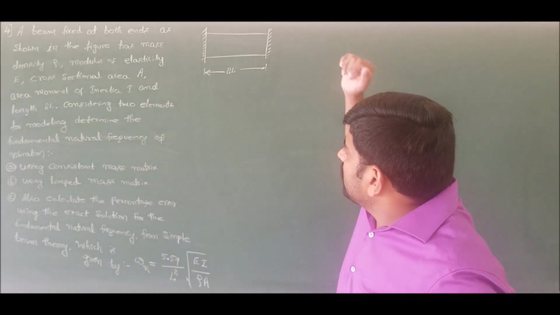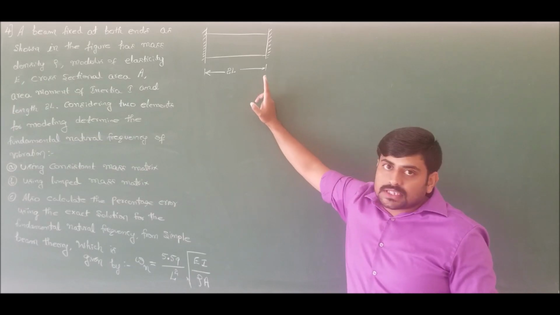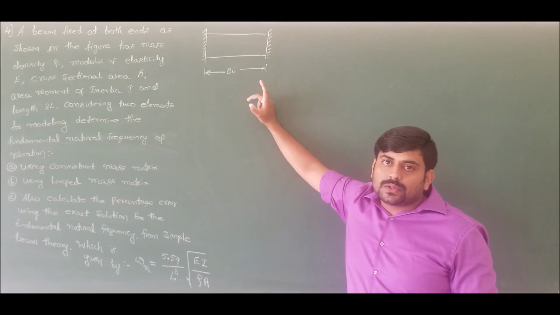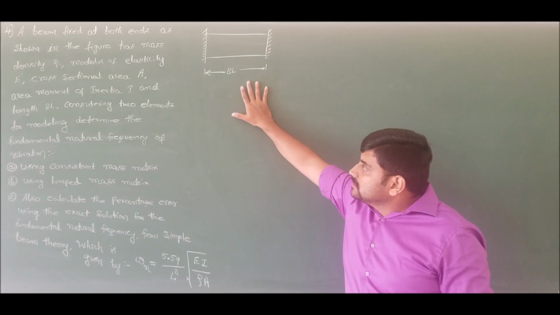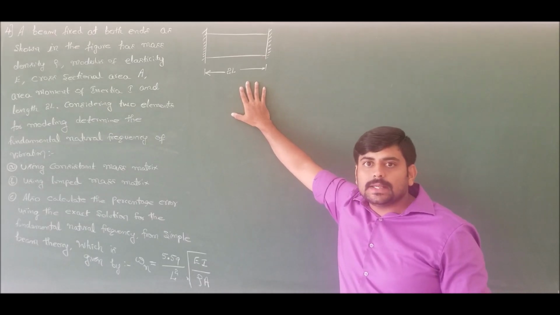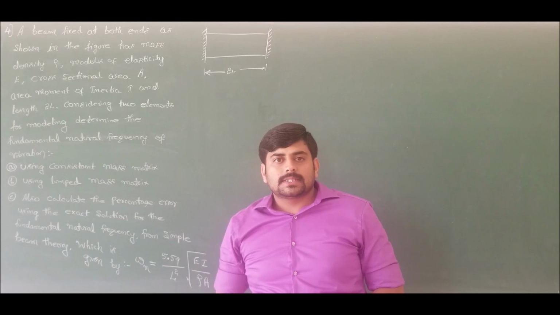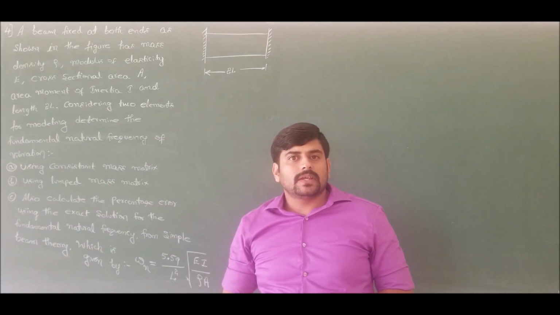So this is the beam which is fixed at both ends, having cross section area A, length equal to 2L, area moment of inertia I, mass density rho, and modulus of elasticity E. For this beam, modeling it into two elements, I should calculate the fundamental natural frequency.